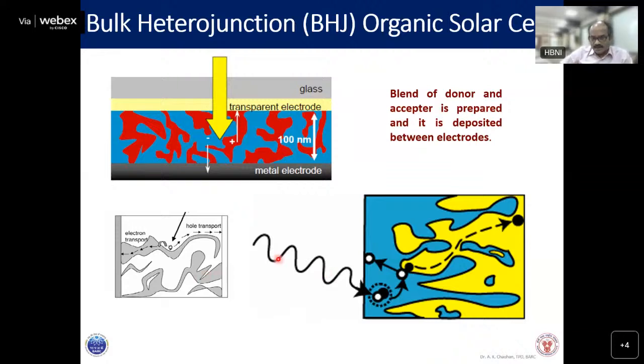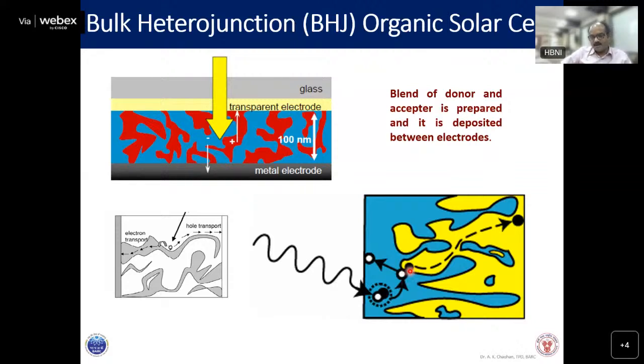So now, suppose you see here at this point a photon falls and an exciton is generated. Rather than moving from this to this point, earlier it was here at the center, it can move to any nearest boundary. Suppose it can move here also. So it moves here.